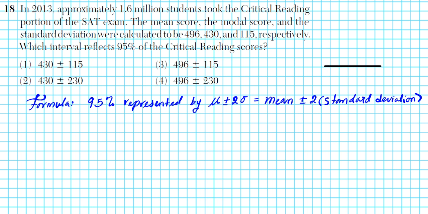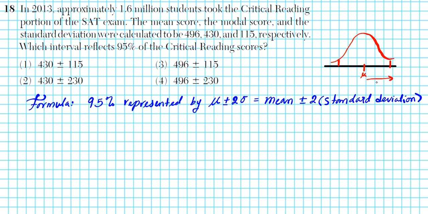Okay, so let me just sketch something real quick. Let's say we have a normal curve. The population is normally distributed like this. If we go 2 standard deviations to the right and left from the mean, this is the mean right here, and then you go 2 standard deviations to the right, plus the standard deviation. If you go 2 standard deviations to the left and right, what you're going to capture is 95% of the entire population.